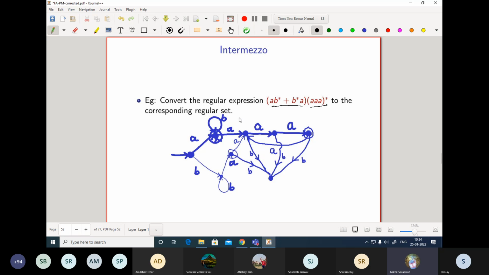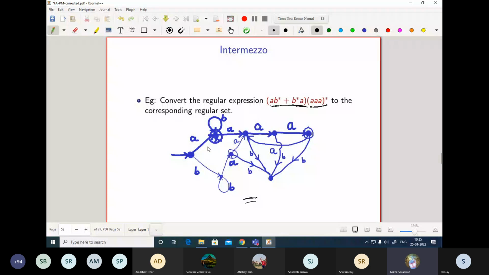Let's see how this corresponds to a regular set. So notice that the language matching AB star plus B star A concatenated with A whole star can be captured by this DFA. This is a DFA.